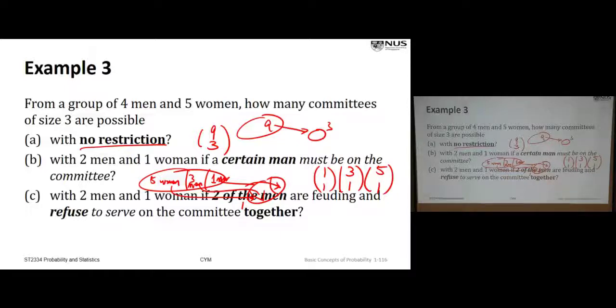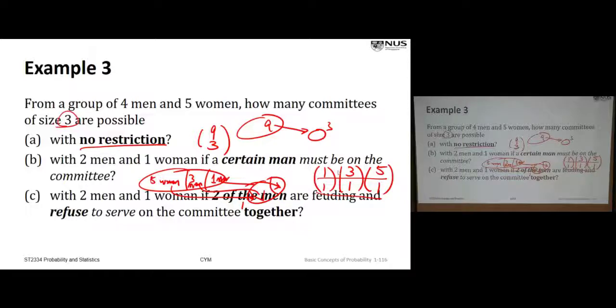Secondly, these numbers, 1, 3, 5, add up to 9, which is the original number of persons, and the 1 plus 1 plus 1 is the size of the committee. So it meets the size of 3.